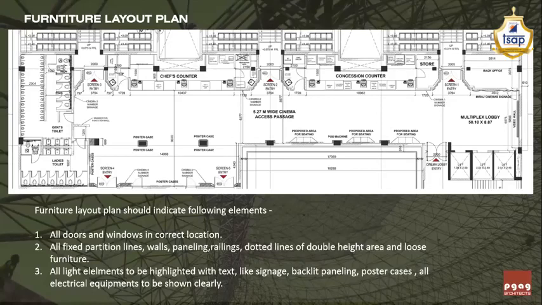As you can see, where the text multiplex lobby is written, there is a video wall. Then there is a mirage signage there. Once I write signage, the contractor is aware that he is supposed to leave the electrical point near the signage. Then I am writing a cinema number 1 signage there.